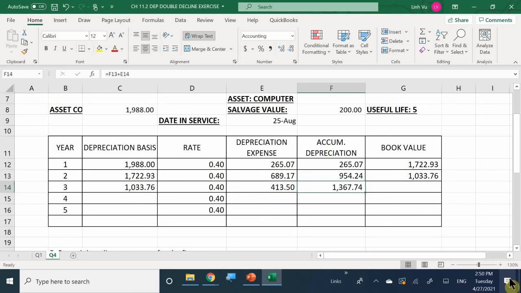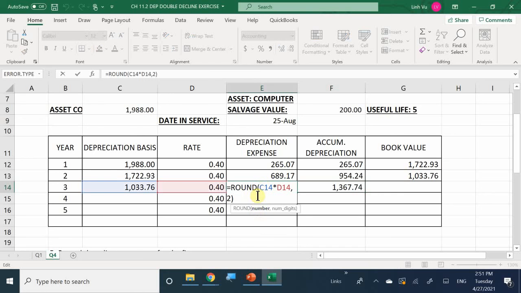Yes. So once again, you might have a rounding error, whether it's in your depreciation expense or in your accumulated depreciation. Most likely, it's probably stemming from your depreciation expense. Because if you didn't put equal round, which I did, I rounded my answers.